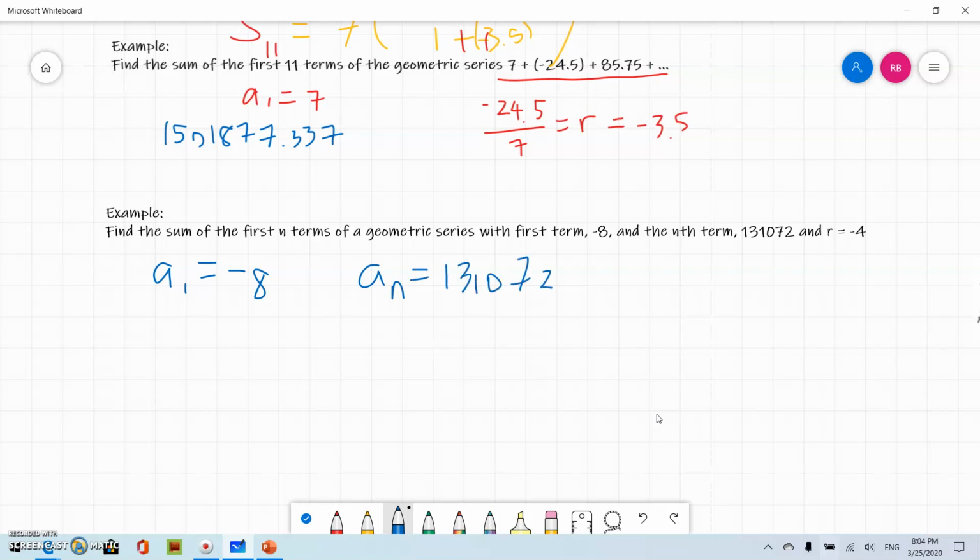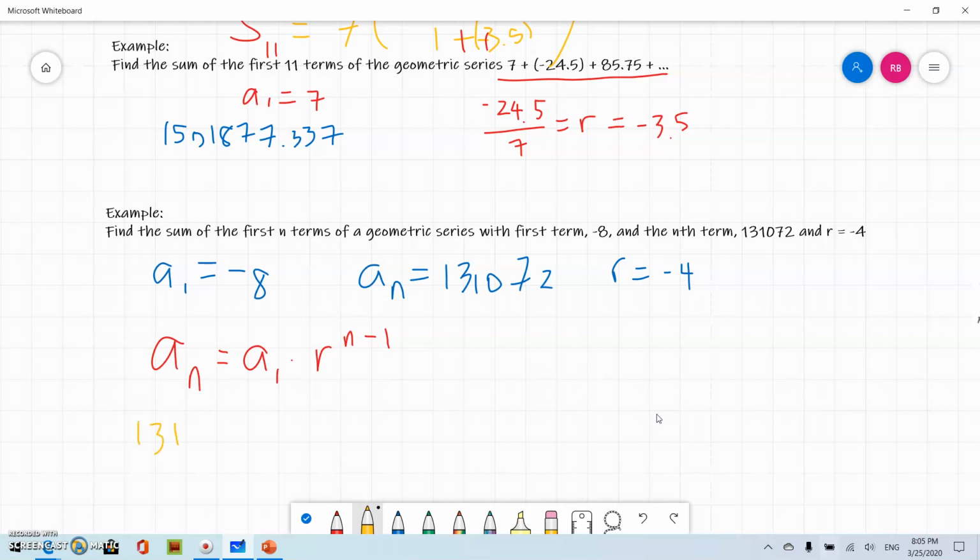And then R equals negative 4. So this one, we can't automatically use the formula for the series. So we need to go back to yesterday's lesson where we used the formula to find an. It was A1 times R to the n minus 1.